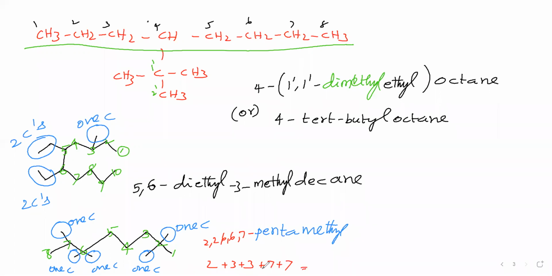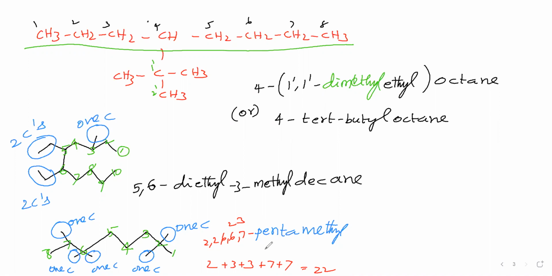In the other numbering we get 23 as the sum of the locants.